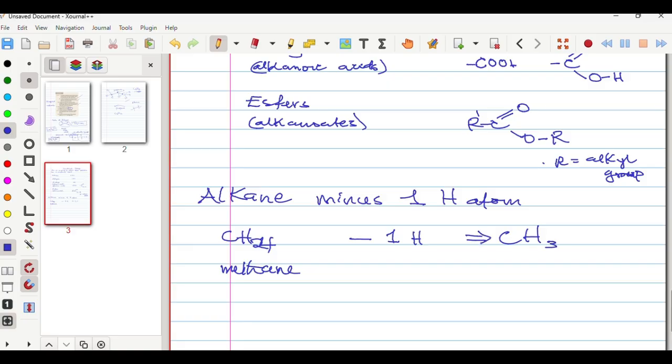If you remove one hydrogen atom from methane, it becomes CH3.